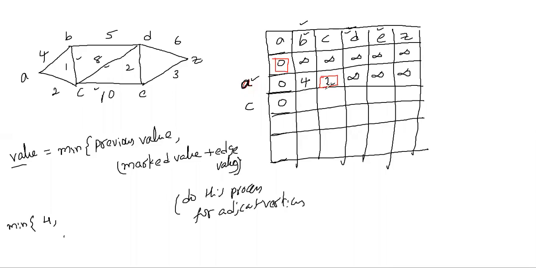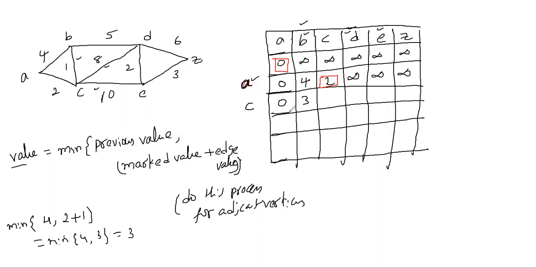Next, marked value 2 plus edge value. C to B edge is 1. So what is its value? Minimum of 4 comma 3. Its value is 3. That 3 you have to write here.